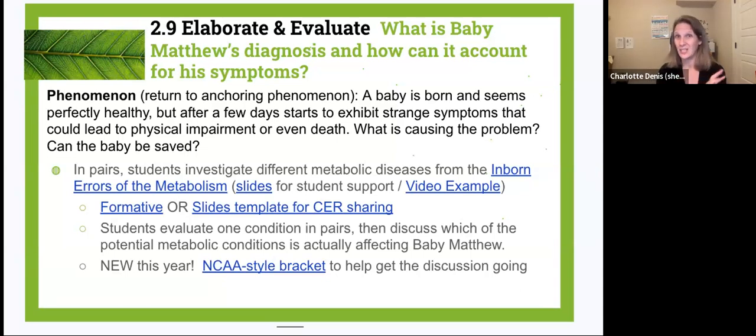Now, side note, we have not done genetics yet, right? So this might not be a time period where you would want to go into Punnett squares or a pedigree or anything like that. That comes down the line in Unit 4, but we haven't addressed that yet in this course. But it's a good setup, right? I come back to baby Matthew and use baby Matthew as an example later on.